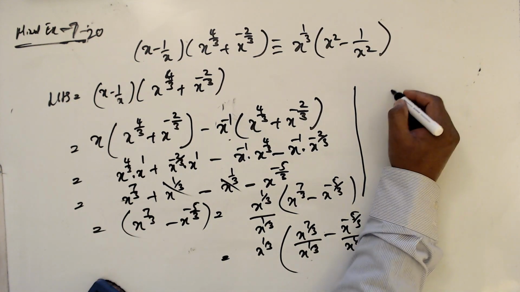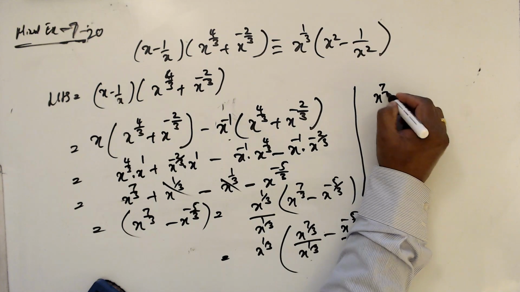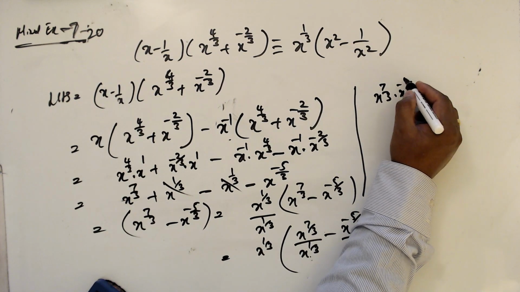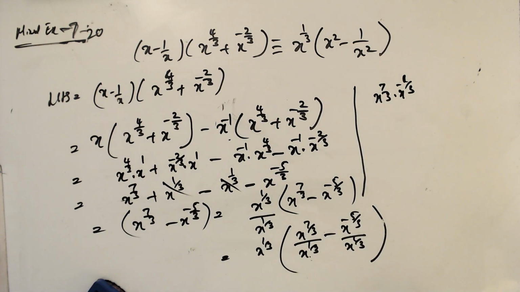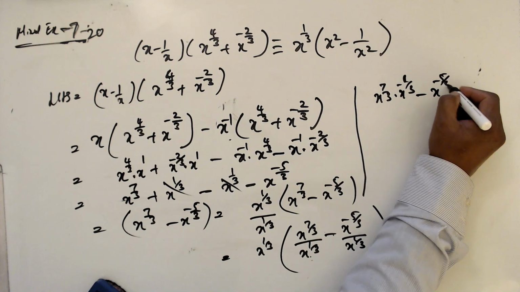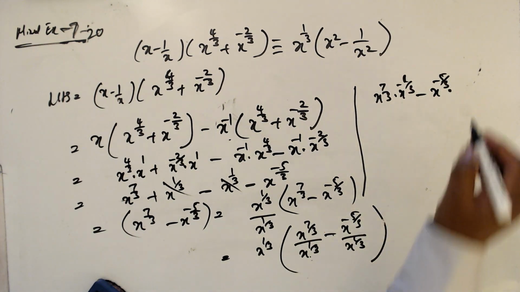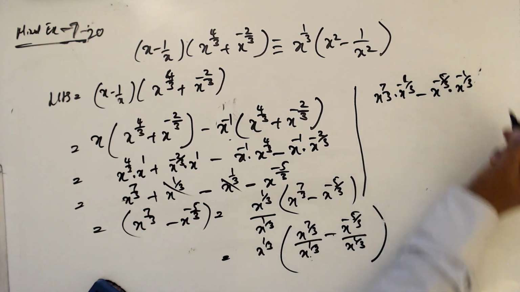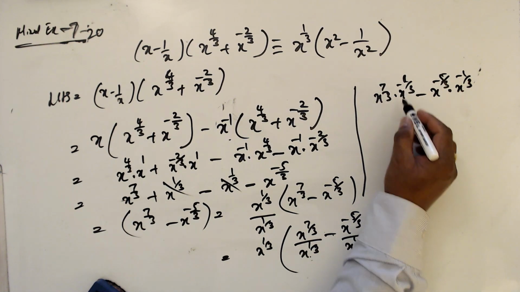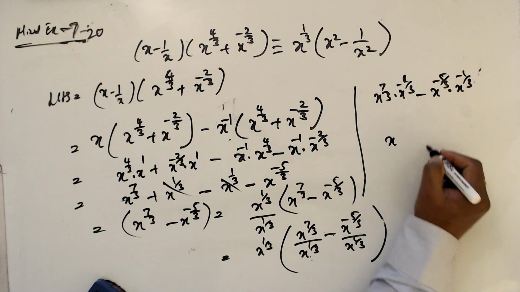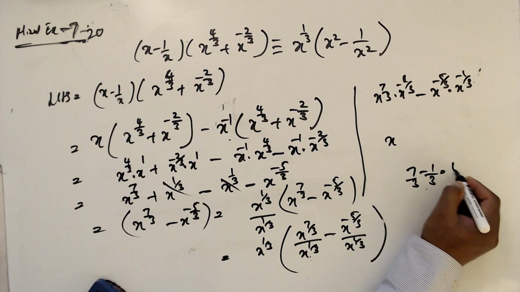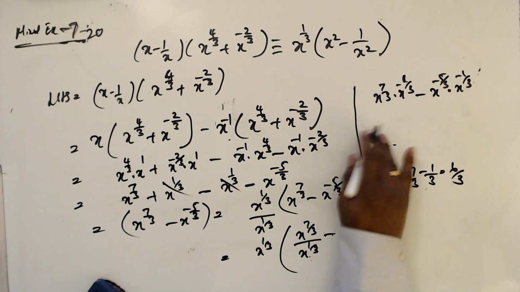So I will take x to the 7 over 3, and times x to the minus 1 over 3. This is minus x to the minus 5 over 3. I'll bring this one, x to the minus 1 over 3. So now what is happening here? When you add x to the 7 over 3 minus 1 over 3, 6 over 3, which is x squared.